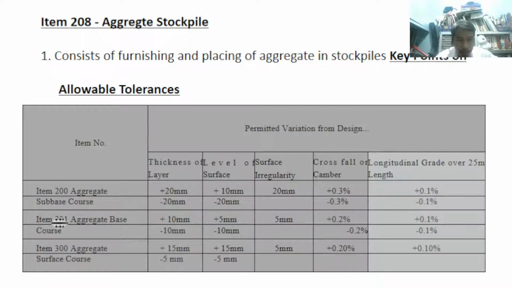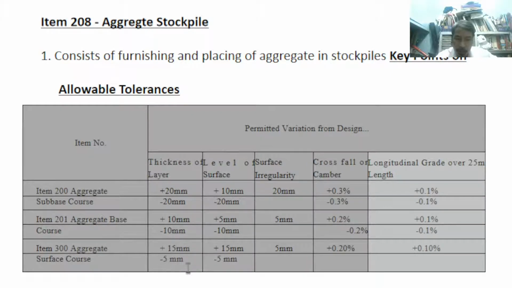Okay, so that is for sub-base course. Now for item 201, that is base. For thickness, tolerance plus minus 10. So take note, sub-base plus minus 20, this is now plus minus 10. For item 300, surface course, meaning the wearing surface, that is plus 15 mm, minus 5 mm.